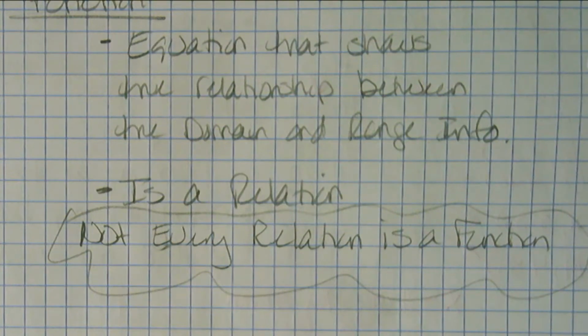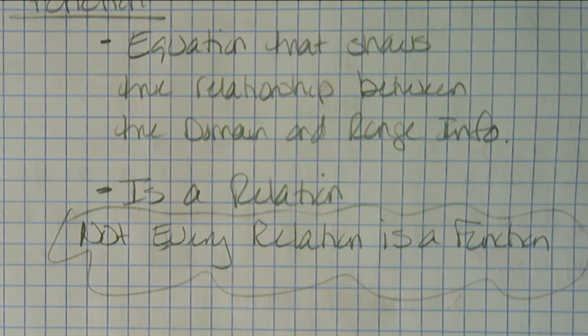So, every square is a rectangle. How many of you guys agree with that? But every rectangle is not a square. We need to take a look at the rectangle and be like, okay, are all the sides the same? Okay, then it's a square. The same relationship is between a relation and a function. Every function is a relation, but every relation is not a function.